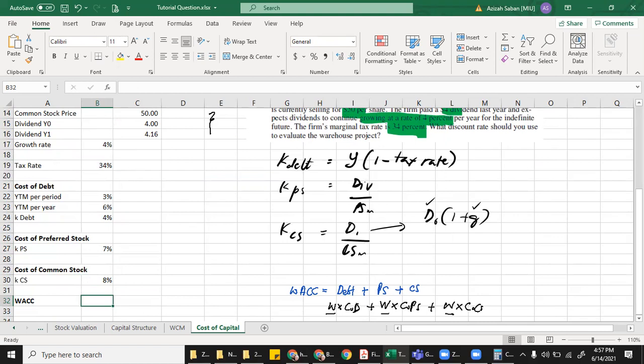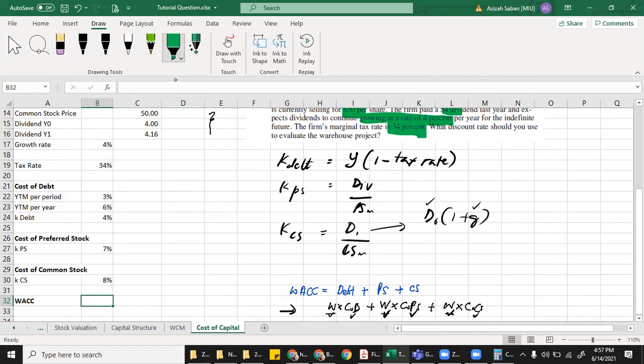Now I can calculate WACC. Remember, this is the formula of WACC. We already have all components: the weightage for debt, preferred share, and common share, and the cost of debt, cost of preferred share, and cost of common share. Let me color it a bit so that we can identify. This is the cost of debt, this is the cost of preferred share, and this is the cost of common share. Let me use different colors to differentiate.